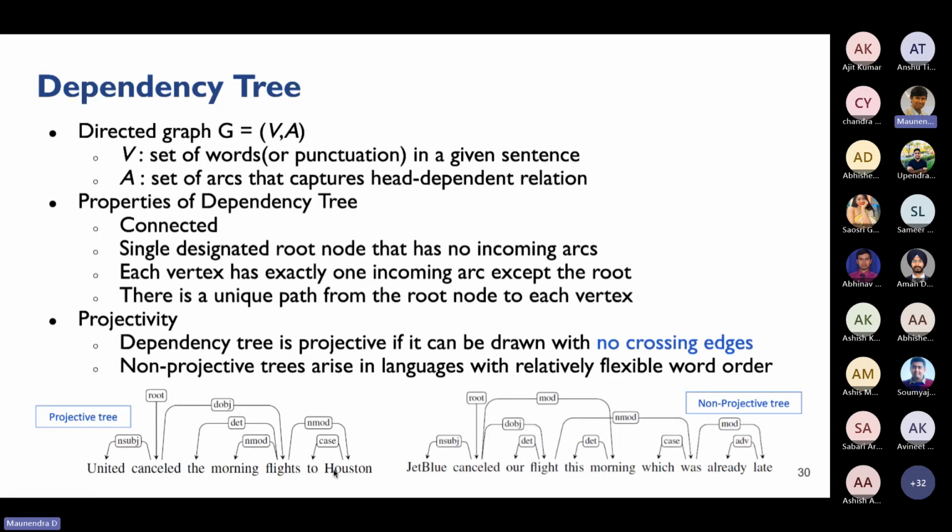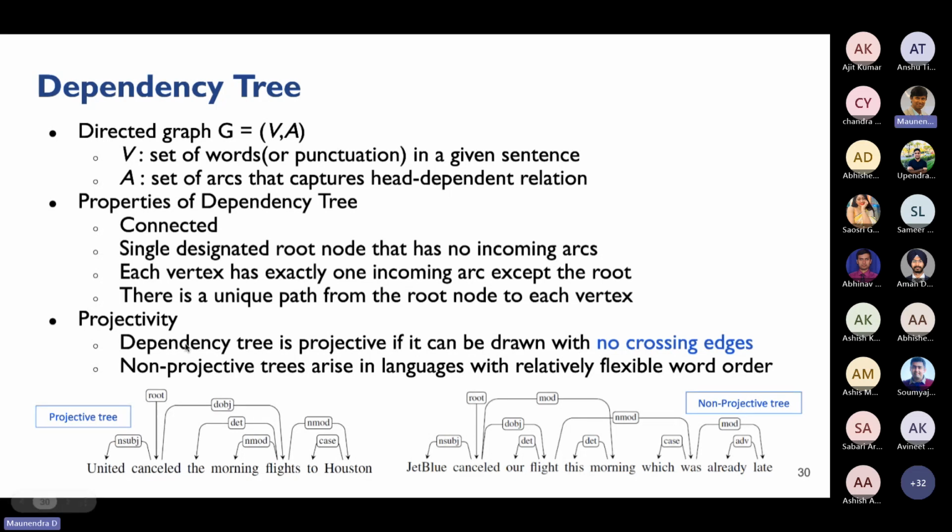So each word that you see here will have exactly one incoming arc, neither more nor less than that. And there is a unique path from the root node to each vertex. So the root node is cancelled, and if you want to go to Houston, you'll find a path: cancelled to flights to Houston. Now suppose Houston to morning, again cancelled, then flights to morning. So for every node that you consider from the special root node, you'll find a path there.